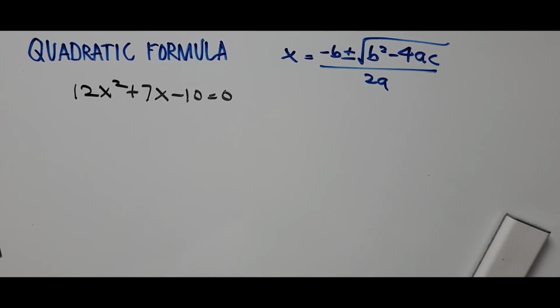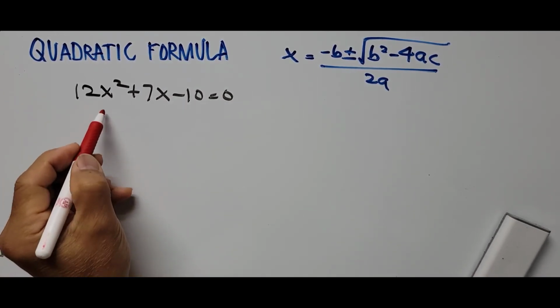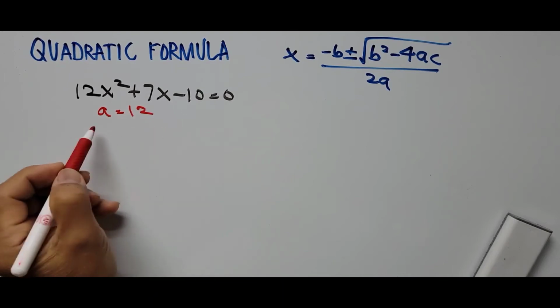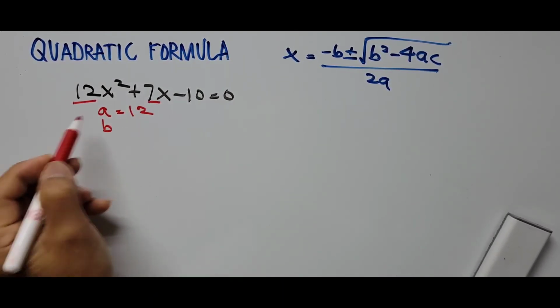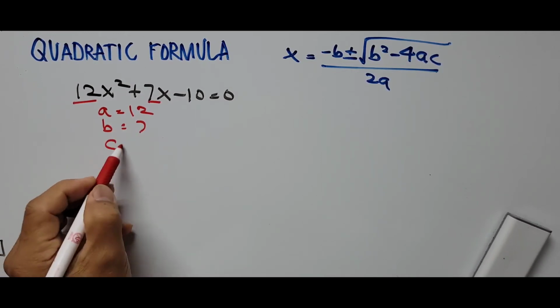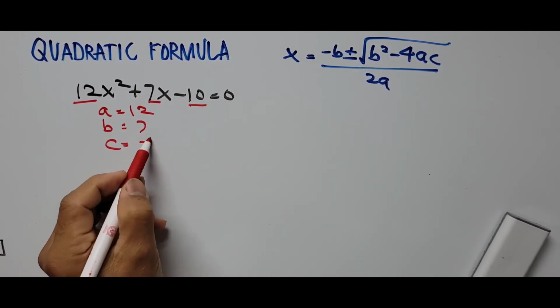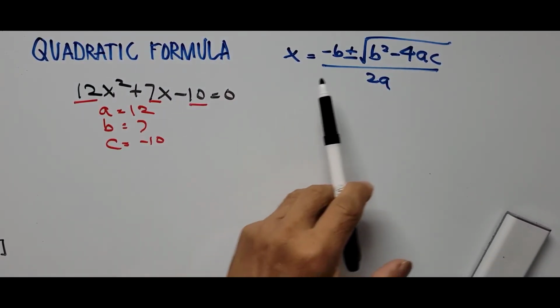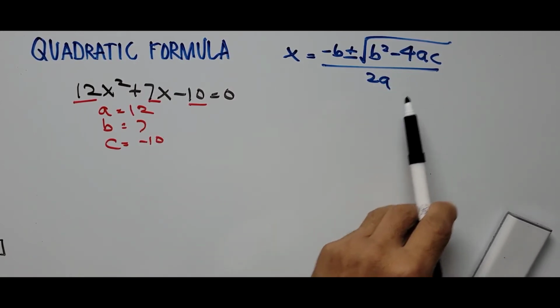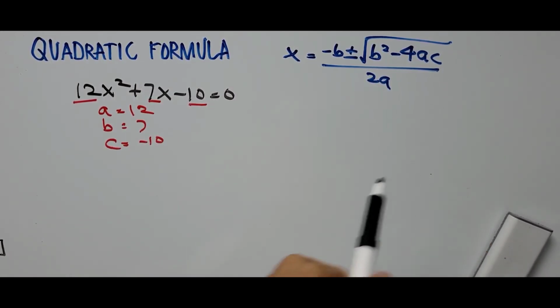Okay, so we have the value of a here is 12. The value of b is 7. And c here is -10. Now we have to substitute these values. We plug in all the values of a, b, c, and find the value of x.